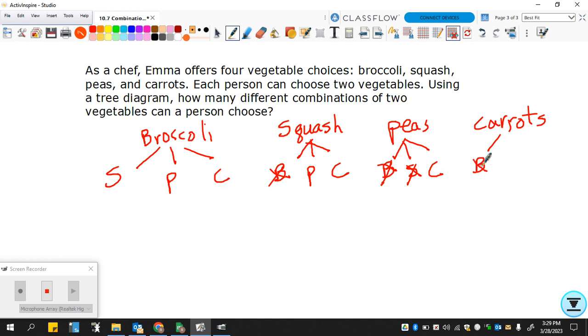Okay, we have carrots and squash, that's right here, squash and carrots. And we have carrots and peas, which we already have right here. So all together, if you don't count the order, we have 1, 2, 3, 4, 5, 6 combinations. So that's the easy way of choosing and finding out how many different combinations there are.